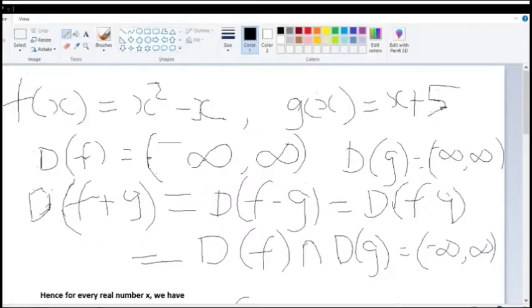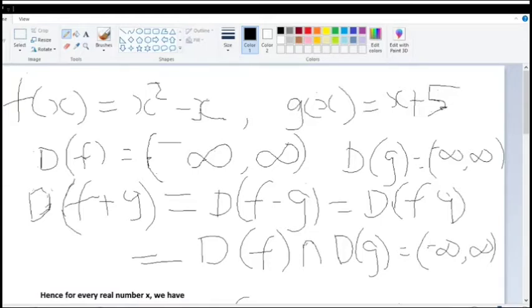Given that f of x equals x square minus x and g of x equals x plus 5. First we have to find the domain of f of x and g of x. Here f of x is equal to x square minus x, so for all real numbers we can define f of x.